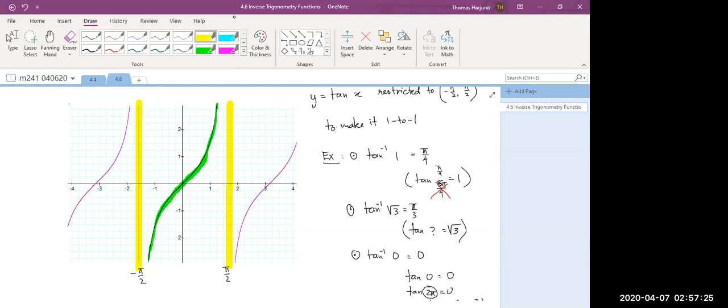Hold on, I'm sorry. By the way, what did I do? Did you see my lecture? Did you see my board? What do you mean? Do you see what I'm writing here? Yeah, tan inverse. Where your mouse is right now is the example where it says tan inverse root 3 equals pi over 3.